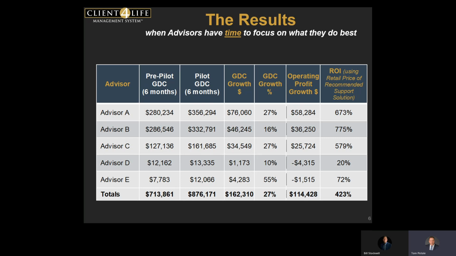But for practices that are more established and or those that have a robust marketing initiative or two, we can really come alongside and make a world of difference in their practice.